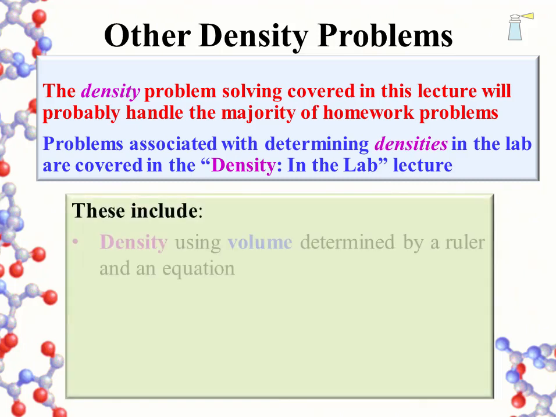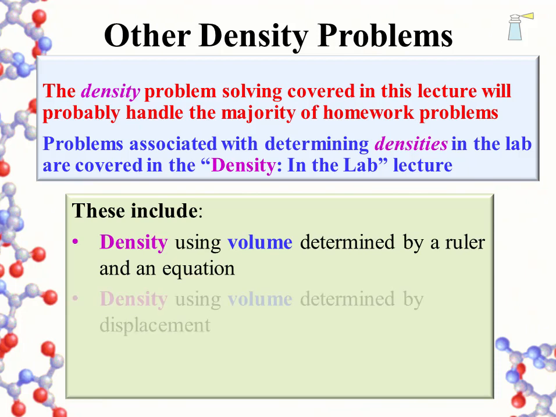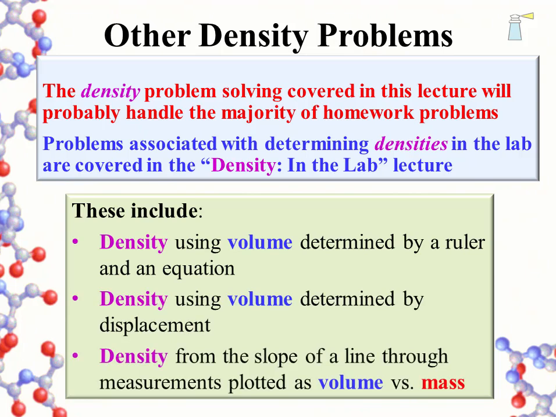These include density using volume determined by a ruler and an equation, density using volume determined by displacement, and density from the slope of a line through measurements plotted as volume versus mass. If you have a density lab associated with your course, be sure to review this lecture. If you come across homework problems that have measurements or data values, you might also give that lecture a viewing, or at least part of it.